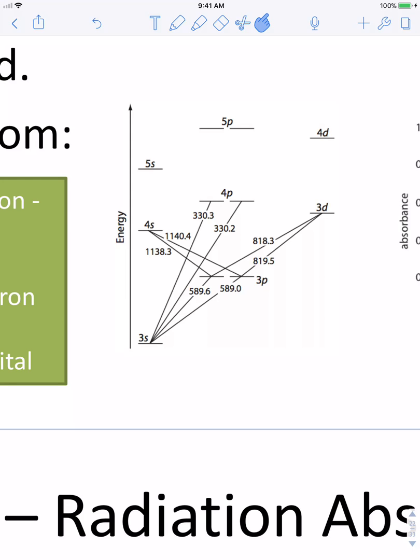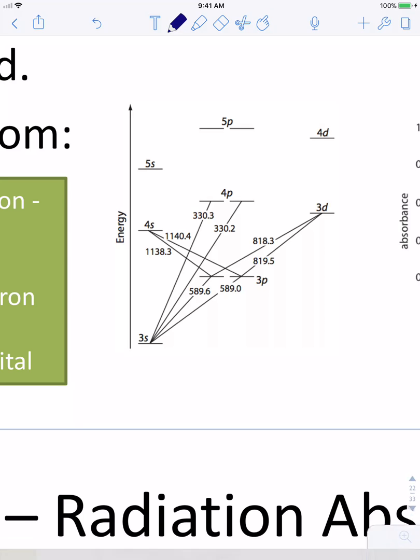We could go from 3s to 3p, and we could then go from 3p to 4s through a double transition, or from 3s to 3p, and then from 3p to 3d, and all these energies are listed here. So for these transitions, only L transitions of L plus 1 are allowed.